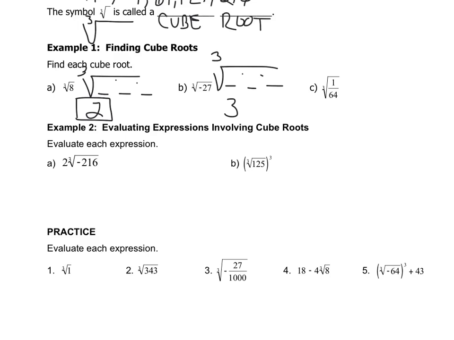Now, 3 times 3 is 9, times 3 is 27. But negative 3 times negative 3 is 9, times negative 3 jumps it back to being negative, which is going to be the answer for this.